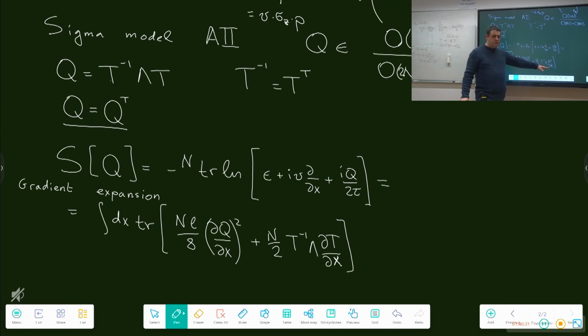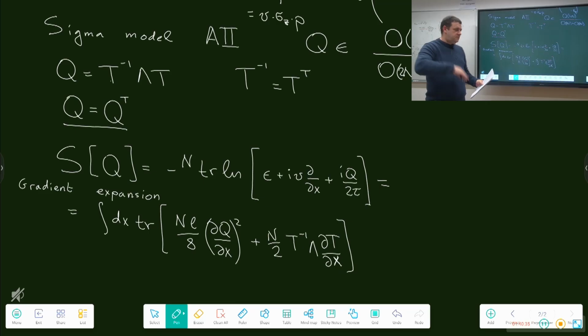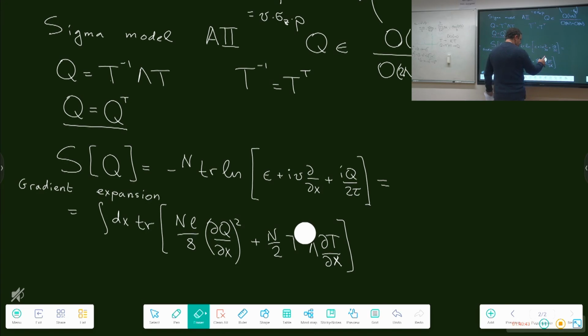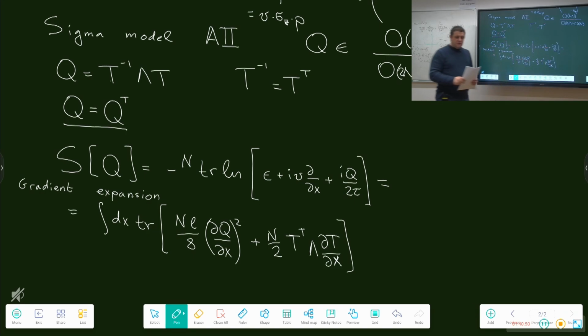So this is almost like a Pruskin term. It's very easy. Let me show you. T inverse is actually T transposed because it's the symplectic class. So what you do, it's a trace of this object. You can just take a transpose of this object.